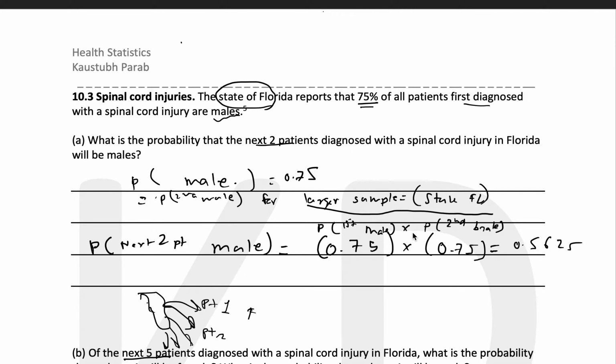So for AND, we do multiplication. The probability of the first being male is 0.75, and the probability of the second is going to be the same, because we assume these two events are independent for a larger sample like this. So we just multiply them and we are going to get the answer somewhere around this, and that's nothing but the probability.